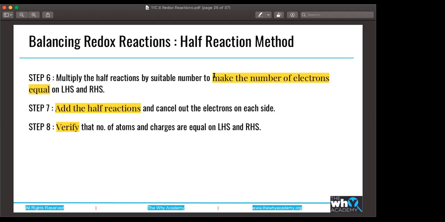This is important because the total number of electrons lost in oxidation should be equal to the total number of electrons gained in reduction. Then you add the half reactions to cancel out the electrons on each side and verify that the number of atoms and charges are equal on LHS and RHS.